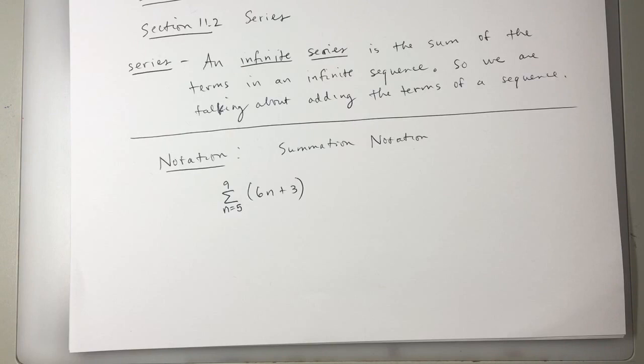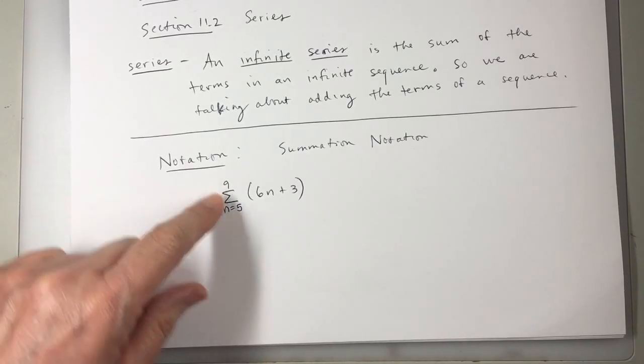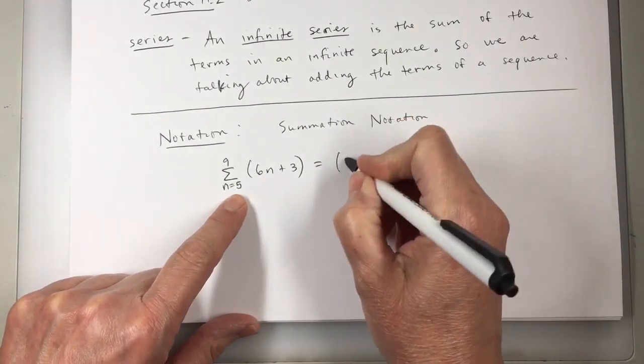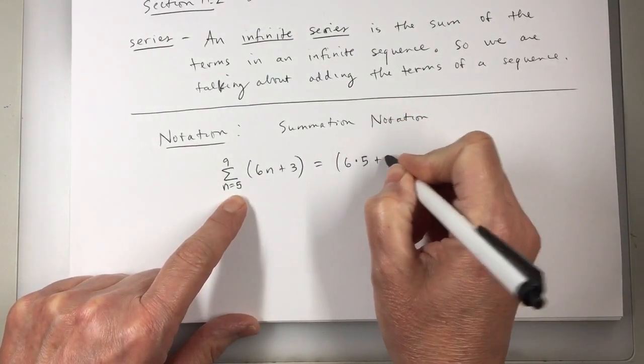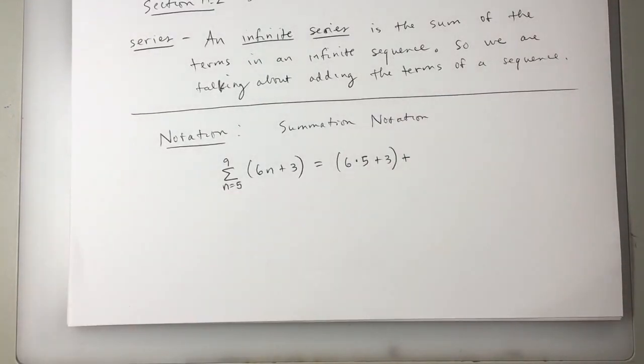So in case you've not seen this notation before, I want to show you an example or two. This means add it up, start with n equals 5, 6 times 5 plus 3, plus you go up by one integer each time.